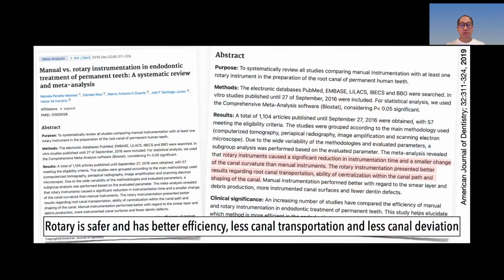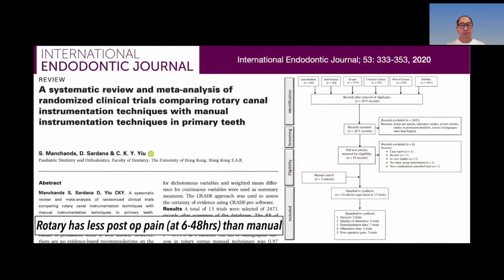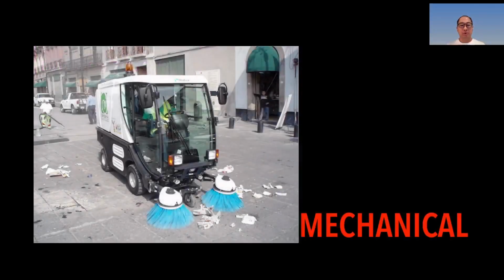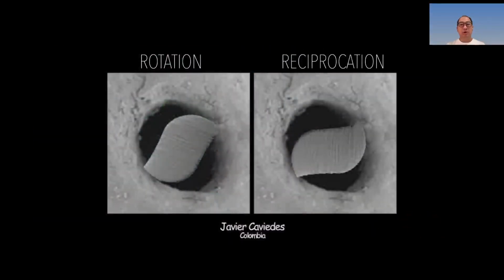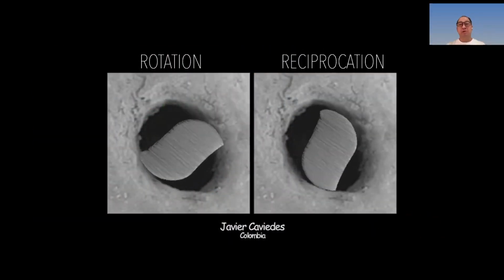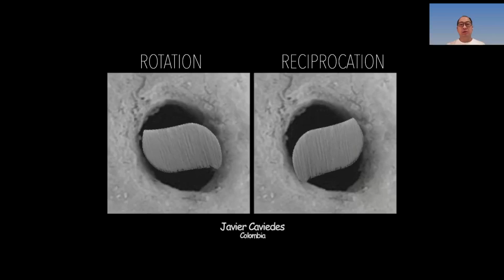Rotary is safer, has better efficiency, less canal transportation, and less canal deviation. It also has less post-operative pain, at least 6 to 48 hours after the treatment compared to the manual. So definitely manual versus mechanical, in my opinion, rotary always wins because it matters.